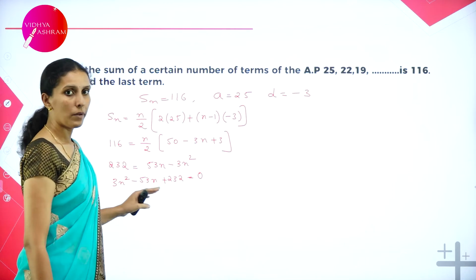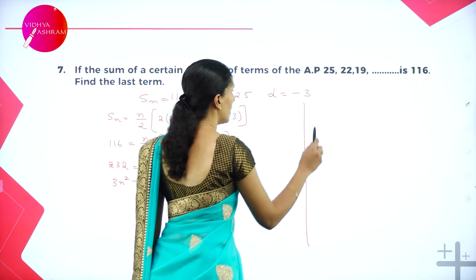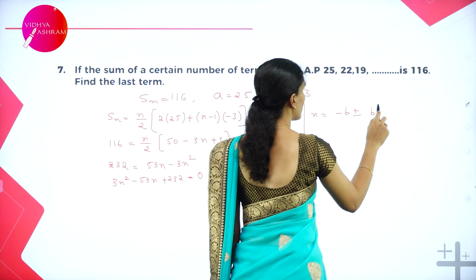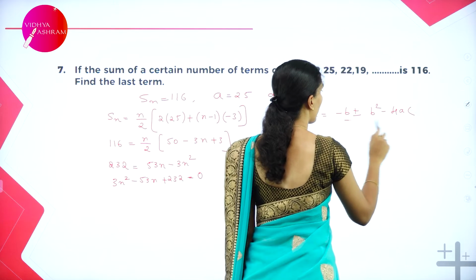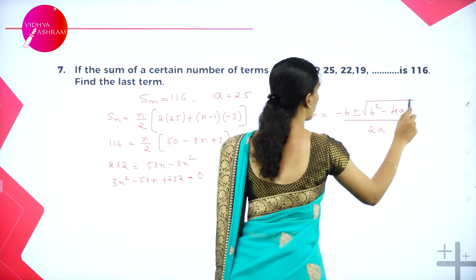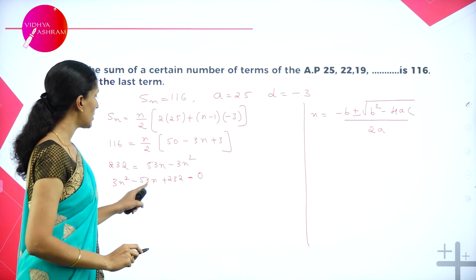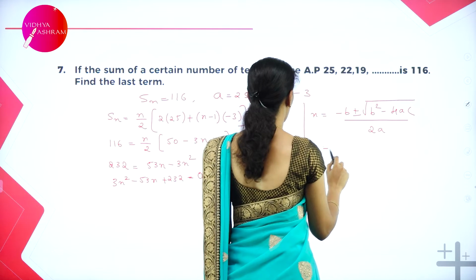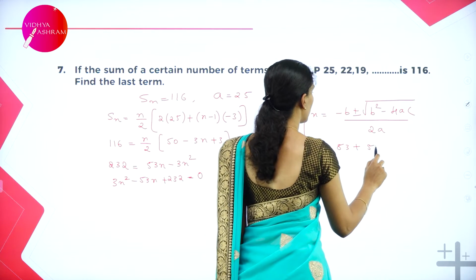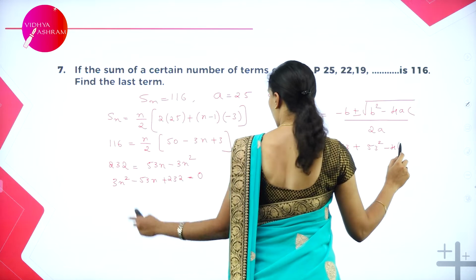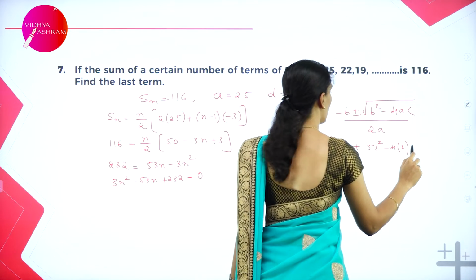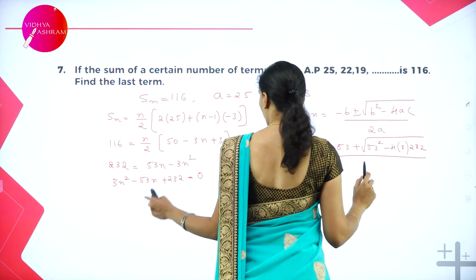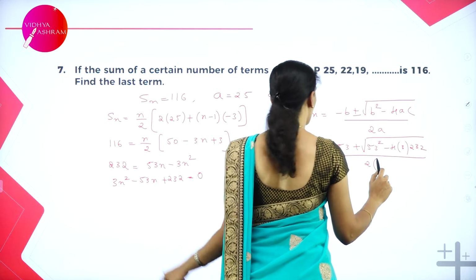So let us use the formula method to find out the value of n. I can find the value of n is equal to minus b plus or minus square root of b square minus 4ac, divided by 2a. We take the value of b as minus 53, c as 232, a as 3. So n is equal to 53 plus or minus square root of 53 square minus 4 into 3 into 232, divided by 2 into 3.